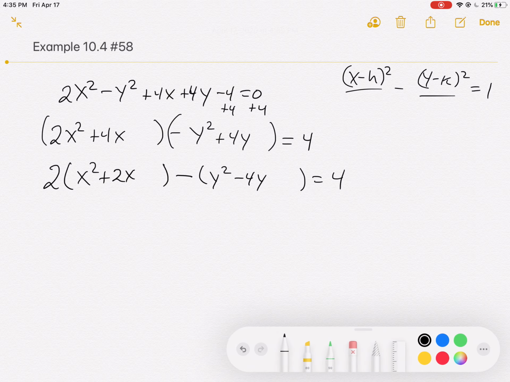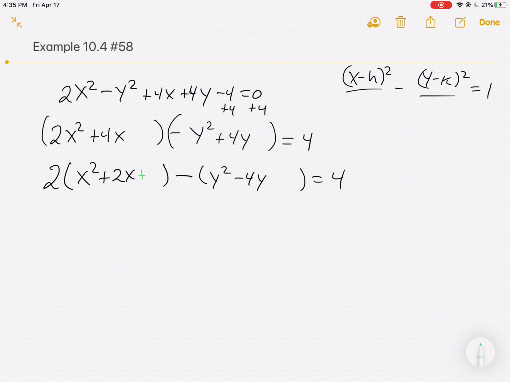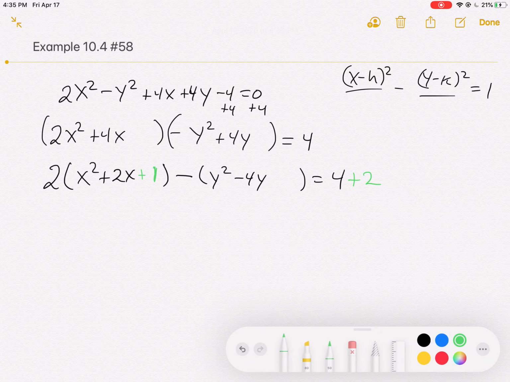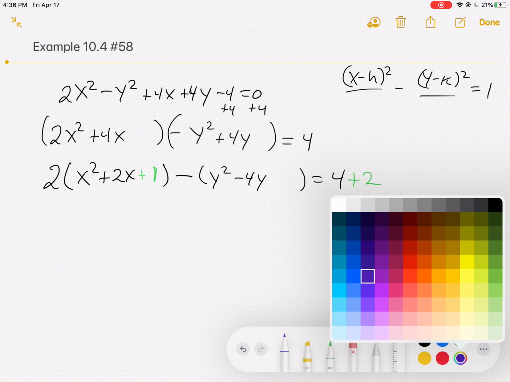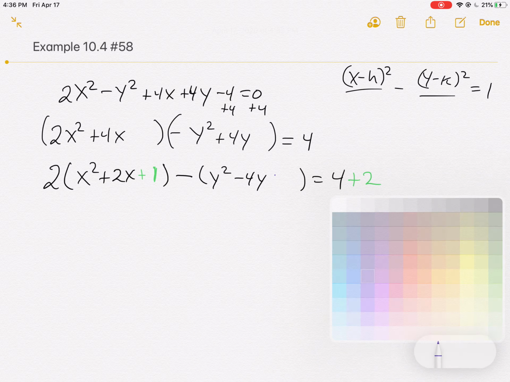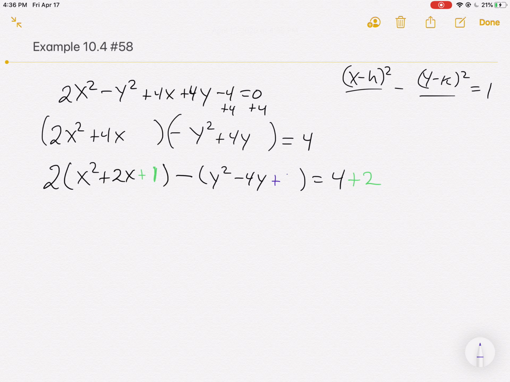So what do we have to add in here? I'll put it in green. Well, we've got to add 1 in that first parenthesis, so we really added 2 to that side. And what do we have to add to the other one? I'll do it in a purplish color. Well, I've got to add half of negative 4, squared. That's negative 2 squared, or 4.